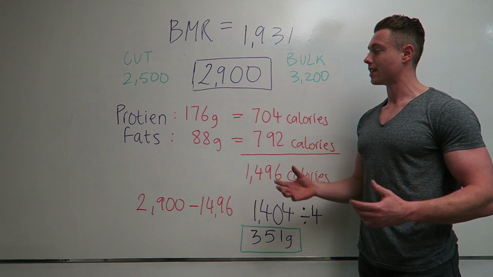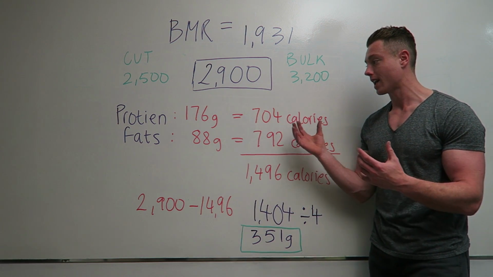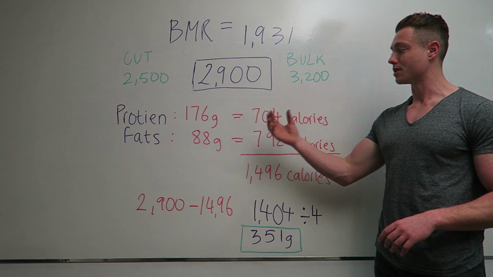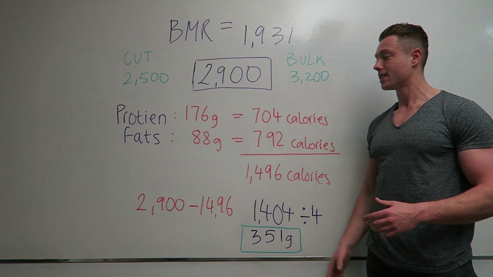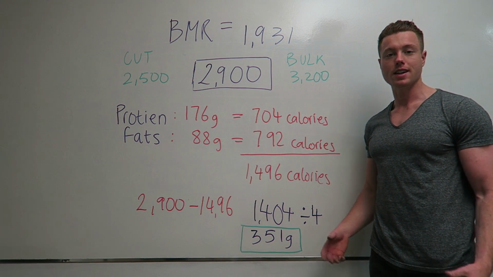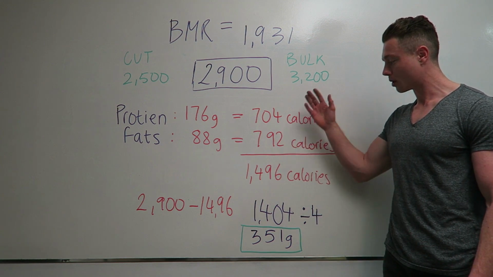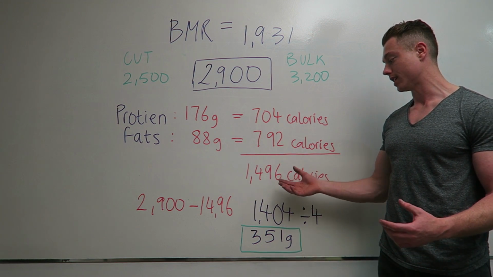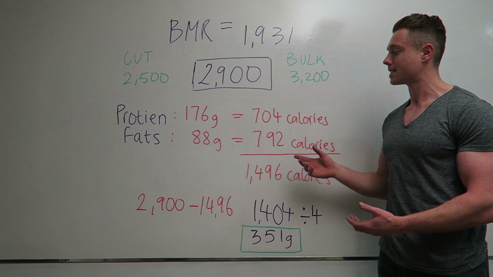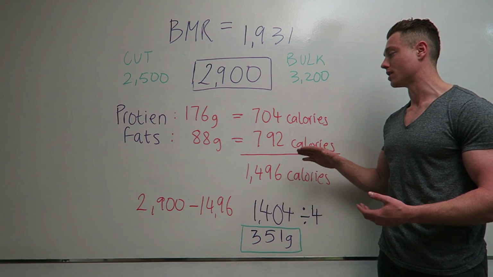Now we've seen earlier that there's 4 calories per gram of protein, so that equals 704 calories. For fats, we said we do 0.5 grams per pound of body weight, so that equates to 88 grams of fat. And we've seen that fat has 9 calories per gram, so that equals 792 calories. They both add up to 1,496 calories. So from fats and protein alone, we have 1,496 calories per day.